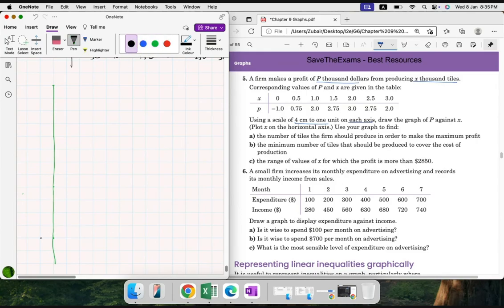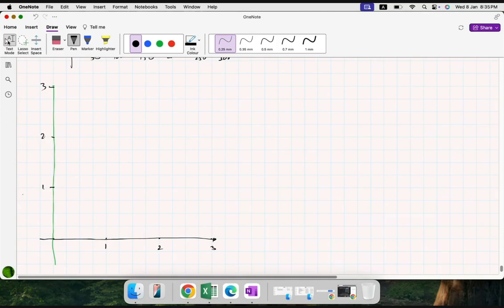And x-axis again 12 boxes. So 4 centimeters to 1 unit. Let this be 1, 2, and 3. This is 1, 2, and 3. So x starts from 0 and p starts from minus 1. Oh my god, I needed 4 boxes to left as well. Let me move this.